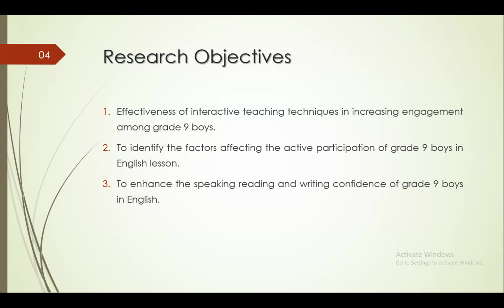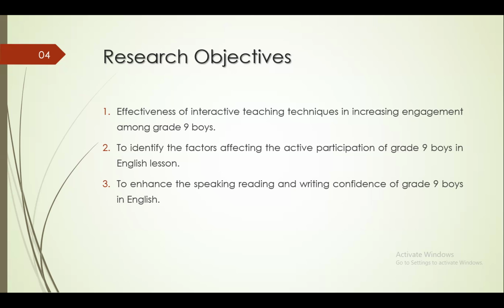Next one, to enhance the... we can't take reading, writing, speaking all. What can you emphasize more in these? That is writing.